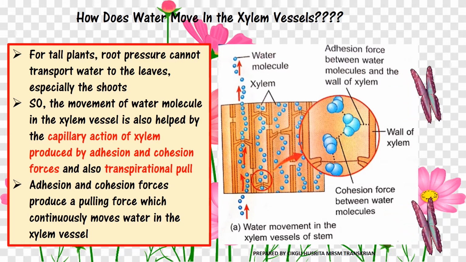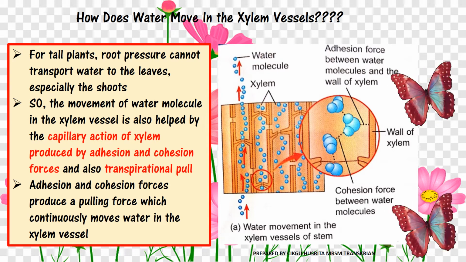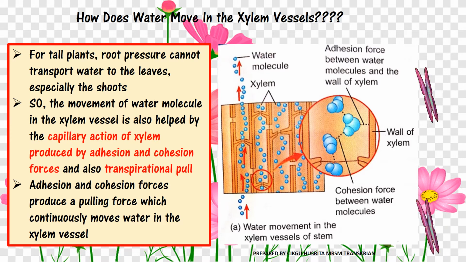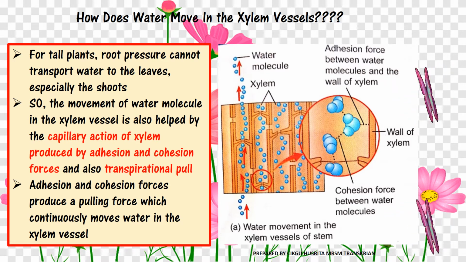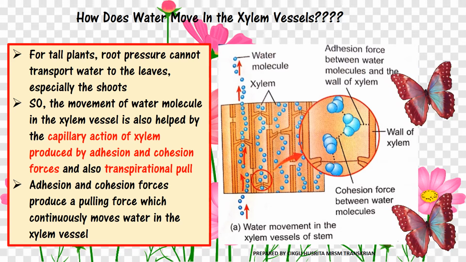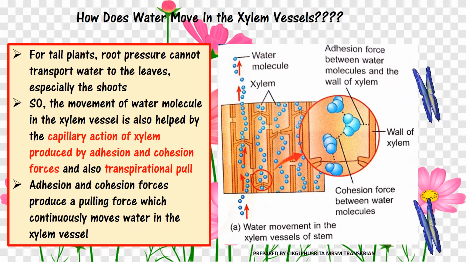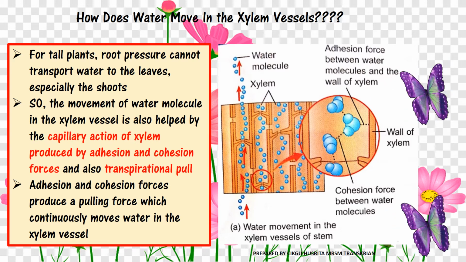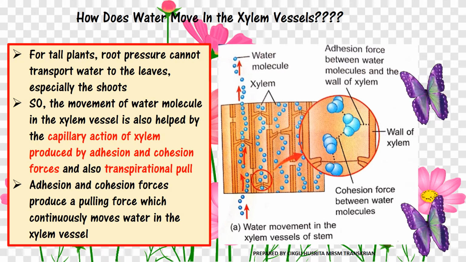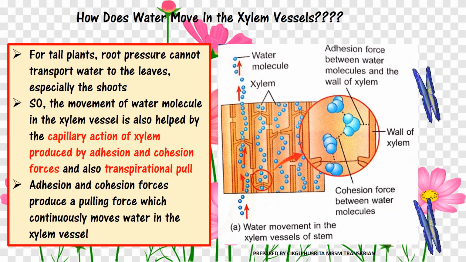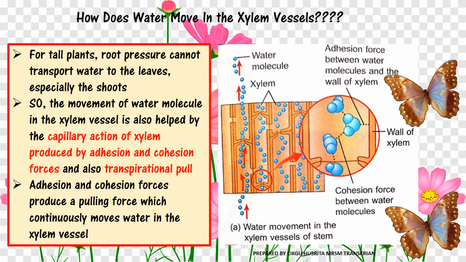Okay, so before this, I already explained to you what adhesion and cohesion are. Adhesion is when the water molecules adhere to the wall of the xylem, while cohesion is when the water molecules adhere to one another, right?